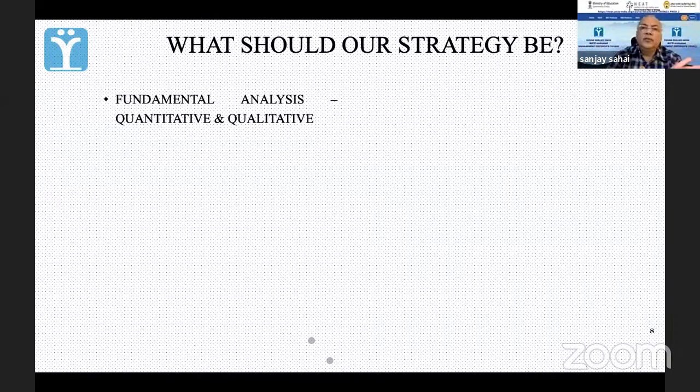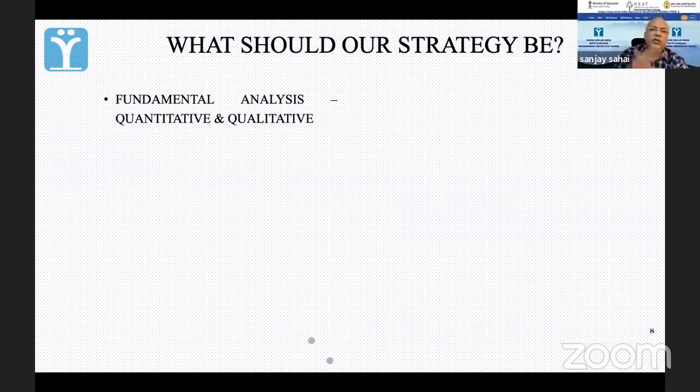So a company with good financials, good fundamentals, that is what fundamental means. If I can do an excellent analysis of the financials, then I can say this company has excellent financial performance, and therefore I should go for it. Now, this is called fundamental analysis.